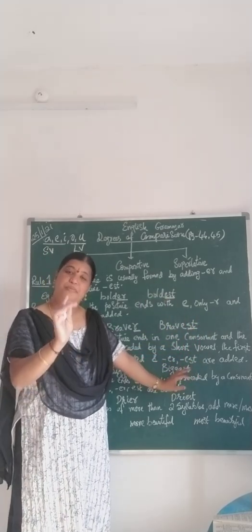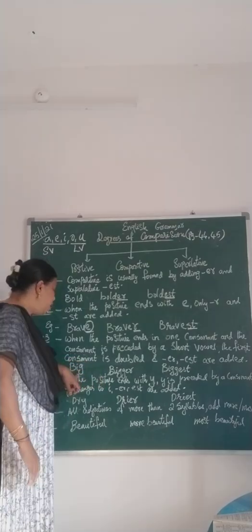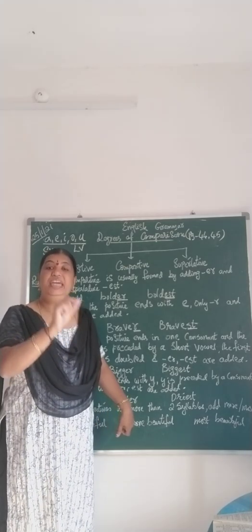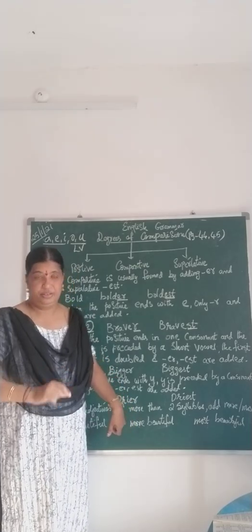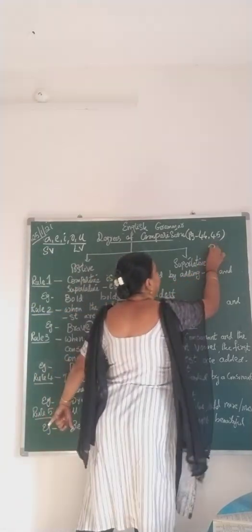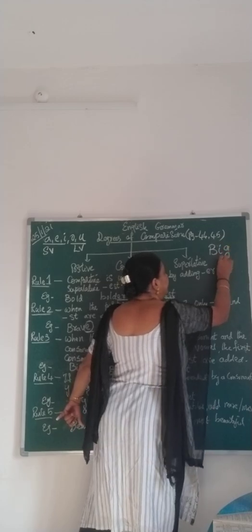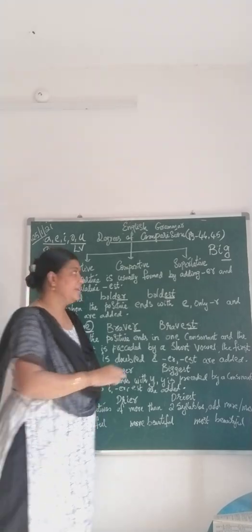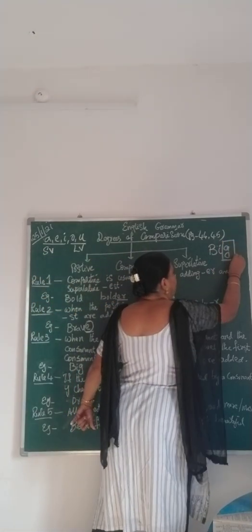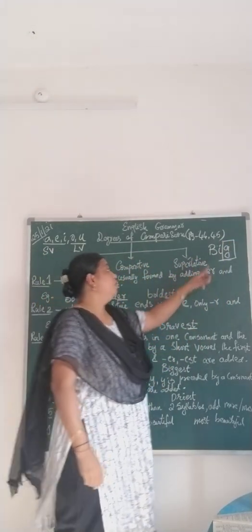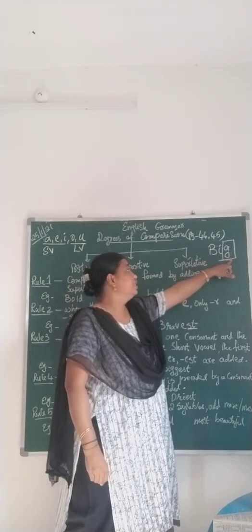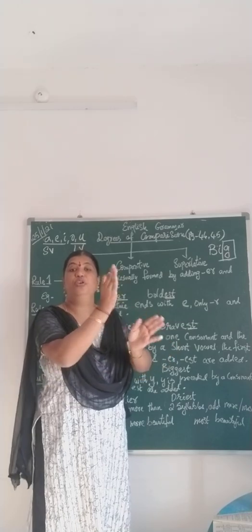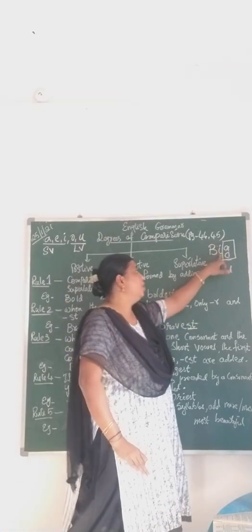Now let us see the example. It will be very easy for you. I have an example, big. The spelling is B-I-G, big. In this word big, the adjective is ending with a consonant. Yes or no? Yes. G is a consonant. Now this G is preceded by, meaning before it, what alphabet?